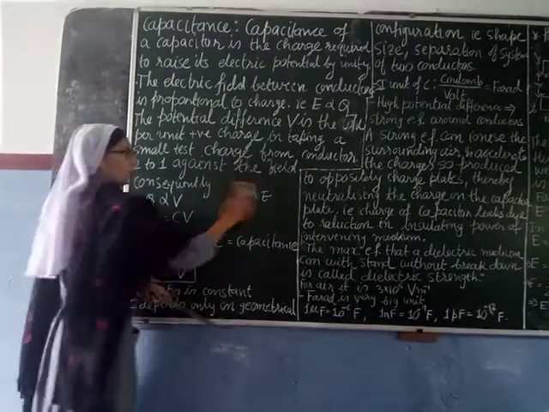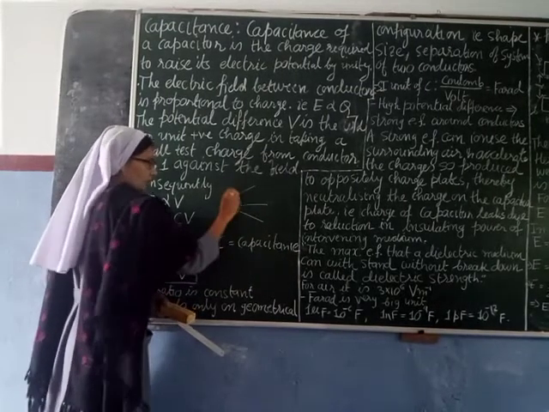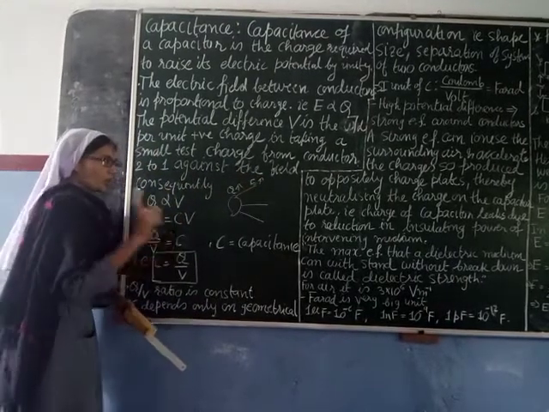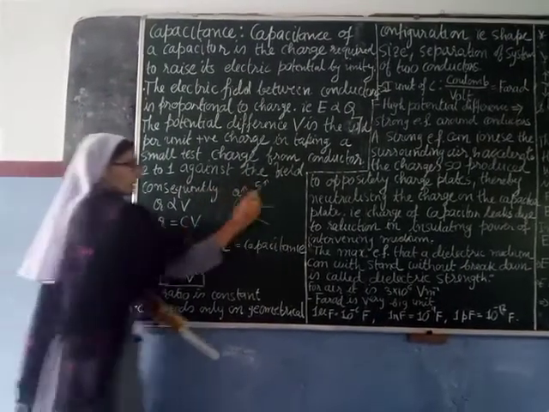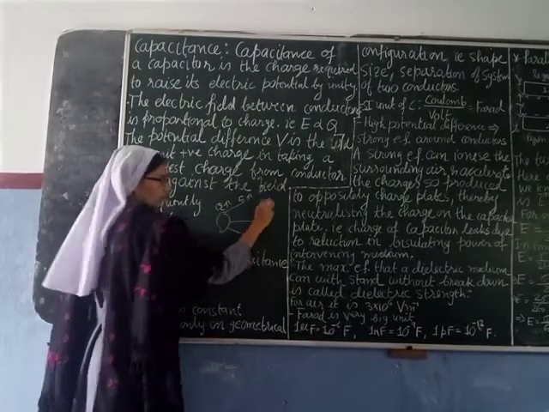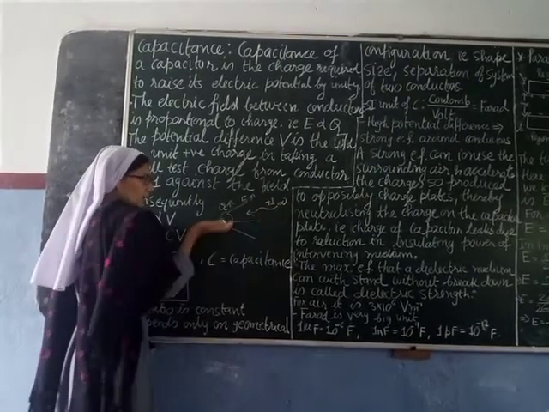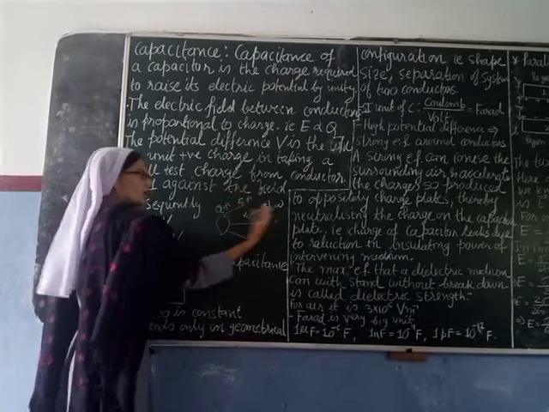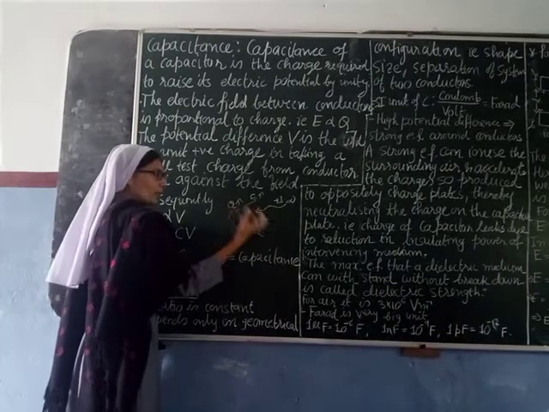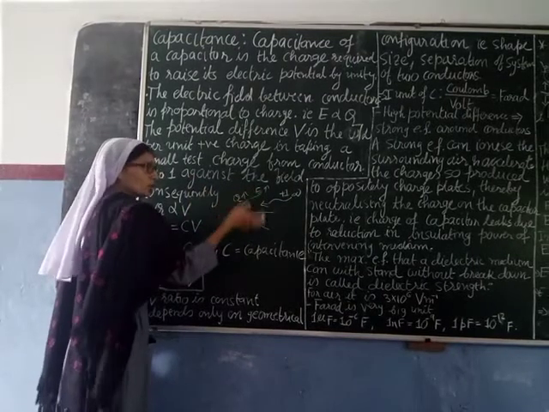Now we also know that if Q increases, the electric field also will increase. What is potential difference? It is the work done in bringing a positive unit charge from infinity. Suppose I bring a positive unit charge from infinity into this electric field. When Q increases, E increases, so I have to do more and more work, because both are positive. That work done will be stored as potential energy, so the energy also increases.